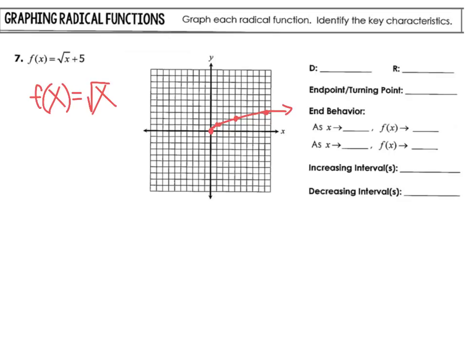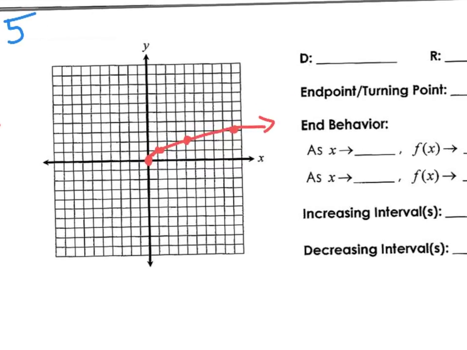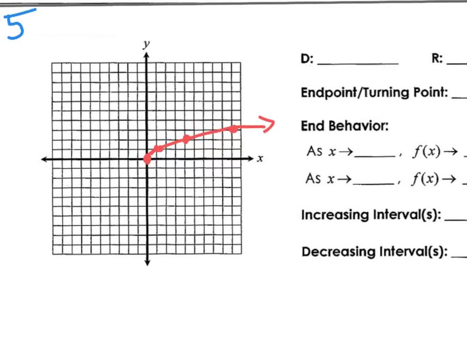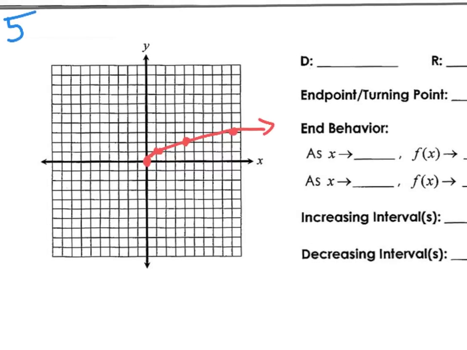Then we know that in our new function, this plus 5 tells us that we're going to go up 5. So what I want you to do is look at your graph and move every point that you drew in the parent function up 5 units. So start with 0, 0 and go up 5. Oops, need my pen. So 0, 0, up 5. There's our new point.